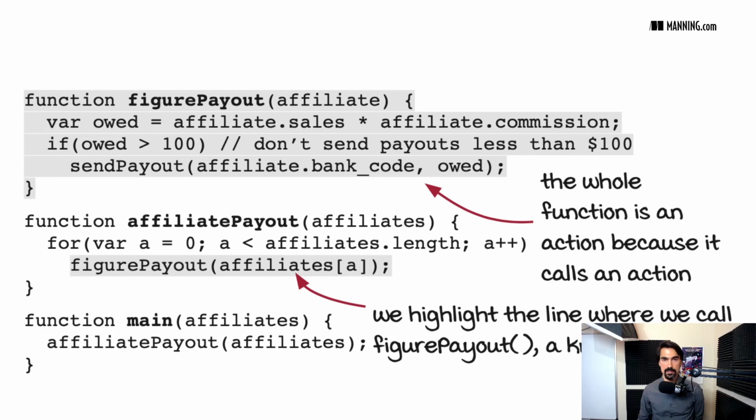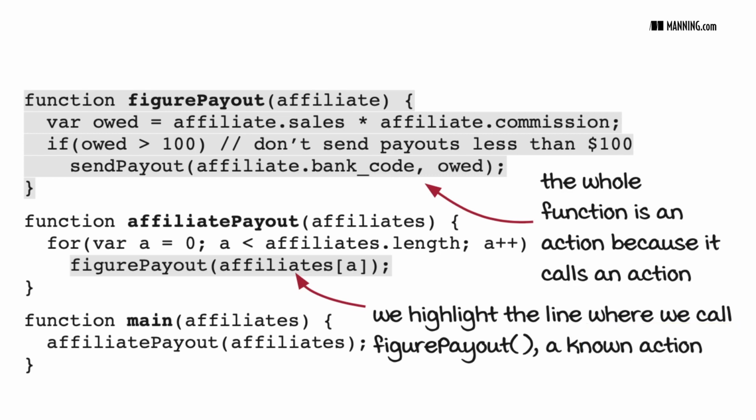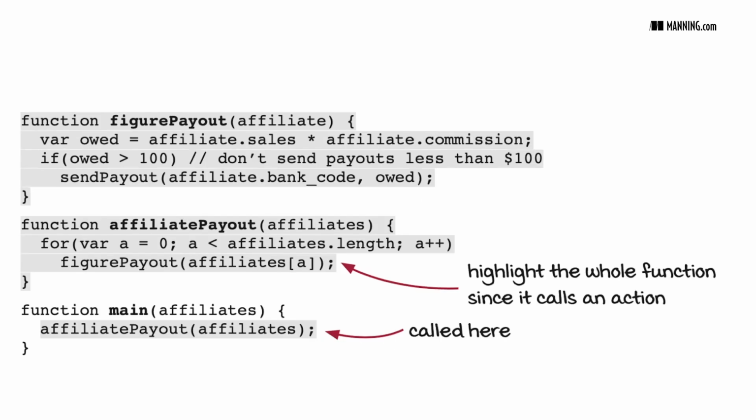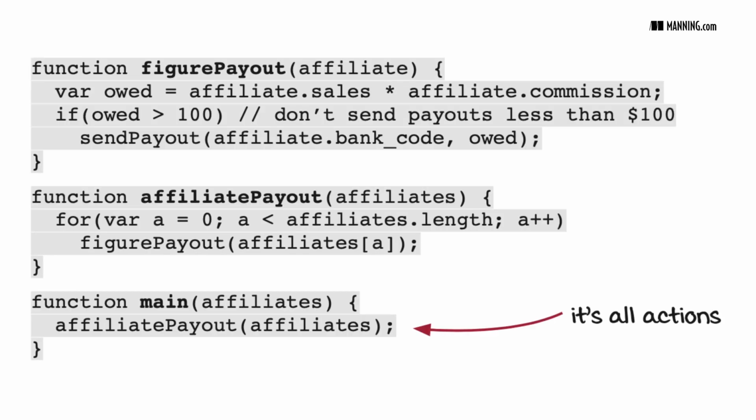We can continue recursively applying this rule. Of course, affiliate payout is an action because it called the action. And so now we have to highlight affiliate payout in main. And now main is an action and nothing calls main, so we're done.